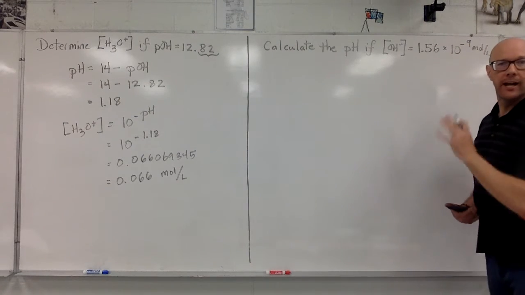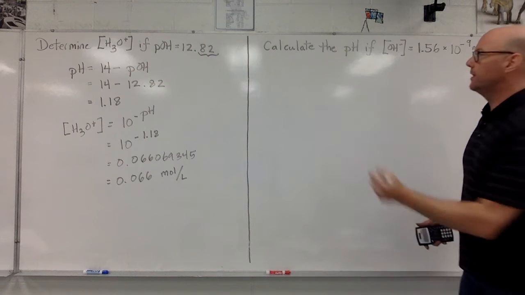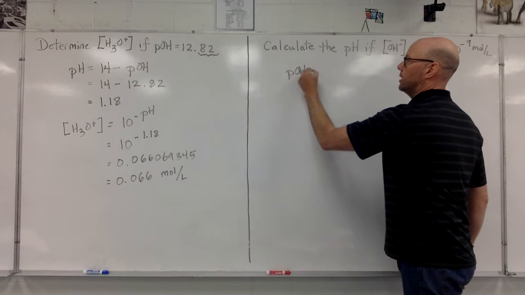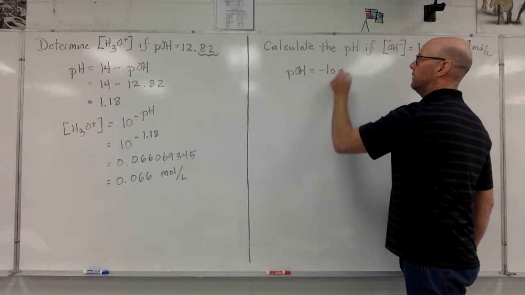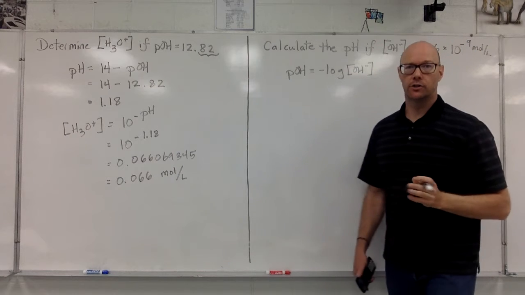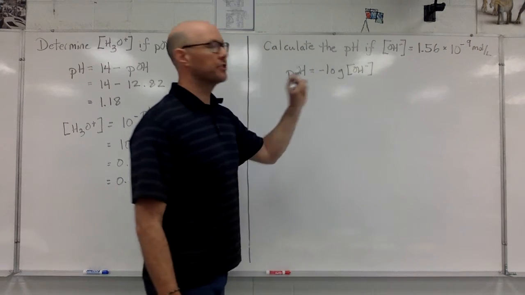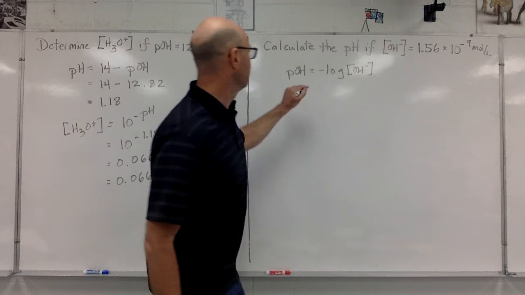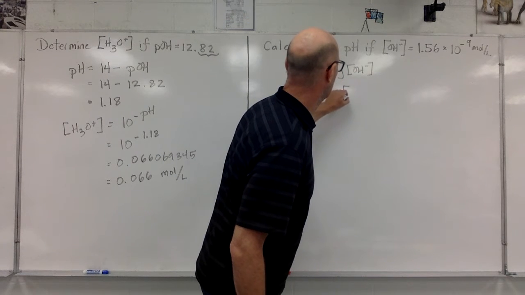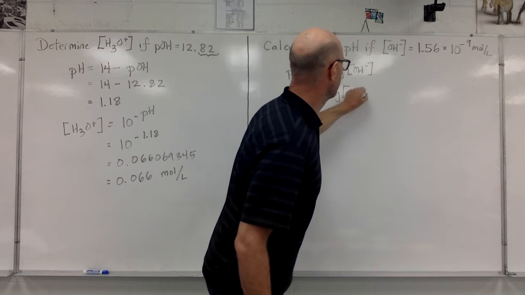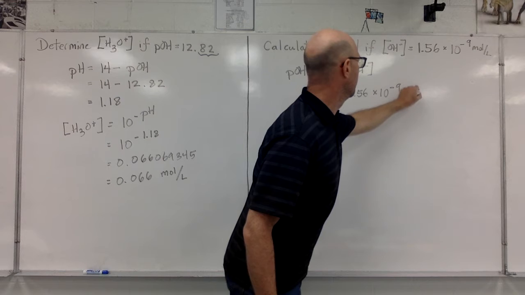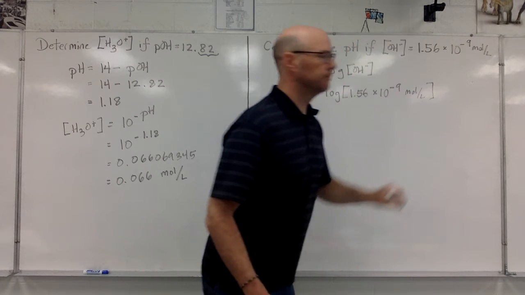From the hydroxide ions, I only have one move, and that's to solve for the pOH. The pOH is equal to the negative log of the hydroxide ion concentration, which I'm just going to substitute in from the question: the negative log of 1.56 times 10 to the power of negative 9 moles per liter.